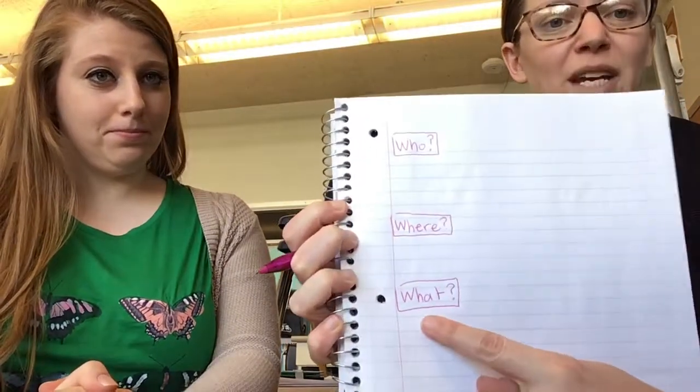Can you tell? Yes. Okay, so we're in the middle of setting up our key details. We've already set up our notebook for who the book is about, where it takes place, and now we're going to leave room at the bottom. Now, watch closely, because what I'm going to have you do is make room for a comic strip, okay? So what I'm doing is I'm writing the word what, W-H-A-T spells what, with my question mark.